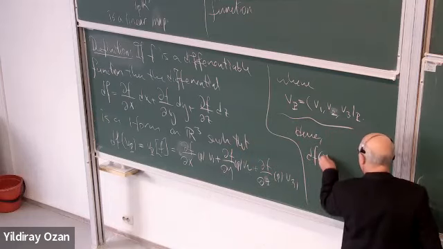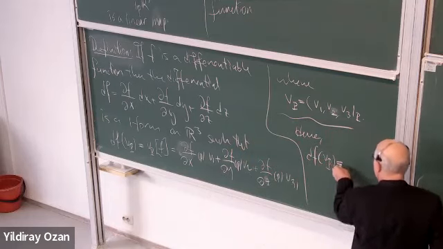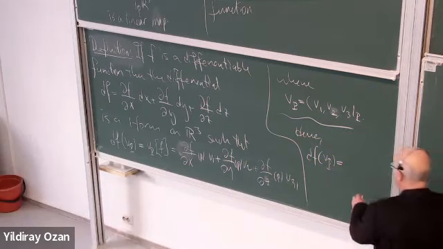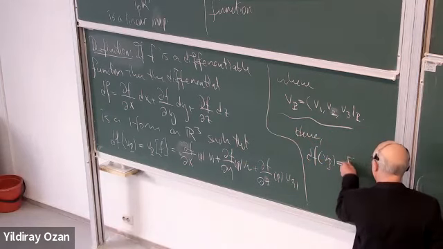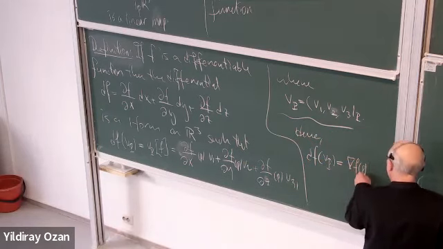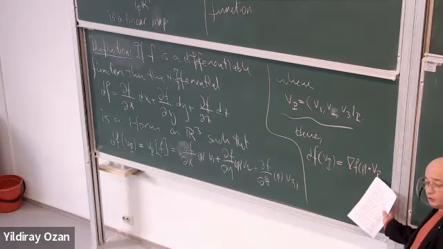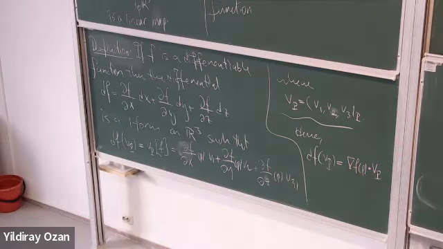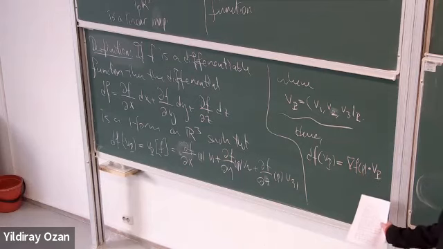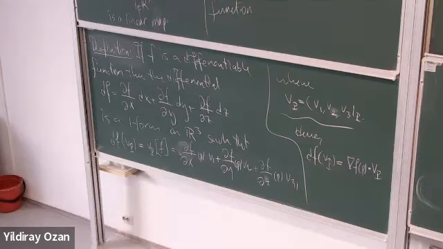The df evaluated at Vp is nothing but the directional derivative of f at the point P along the vector V, right? Just the dot product of the gradient with the vector.